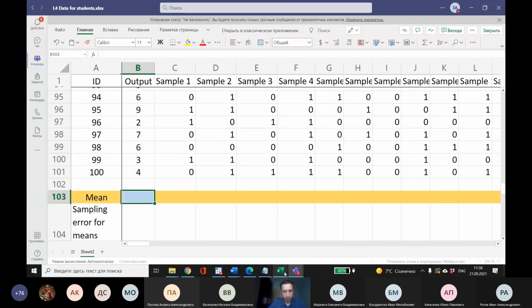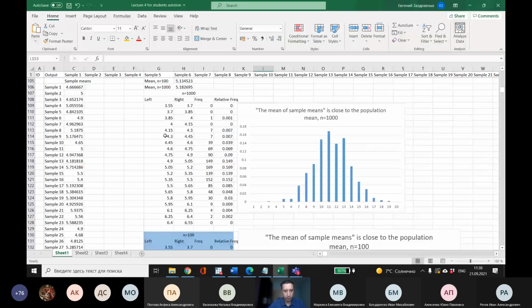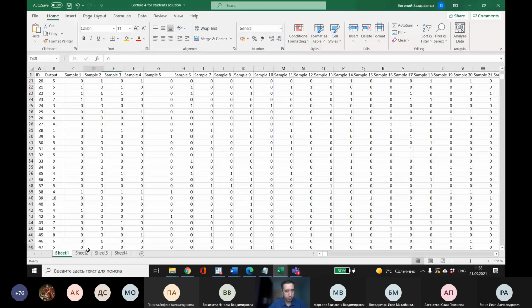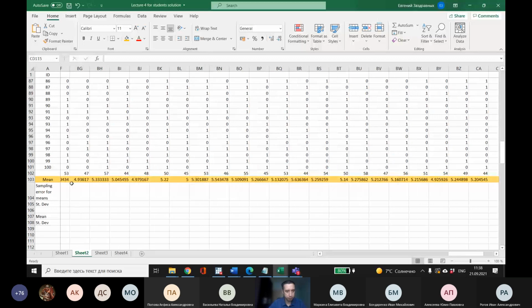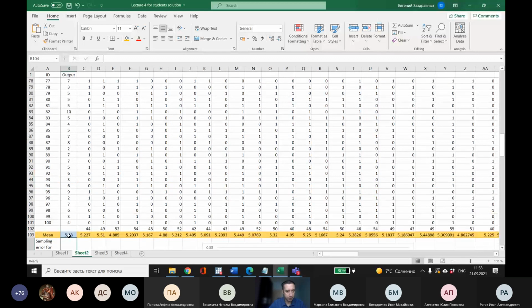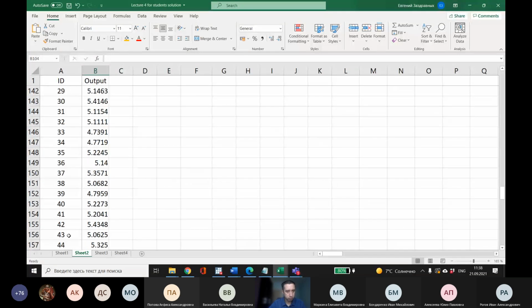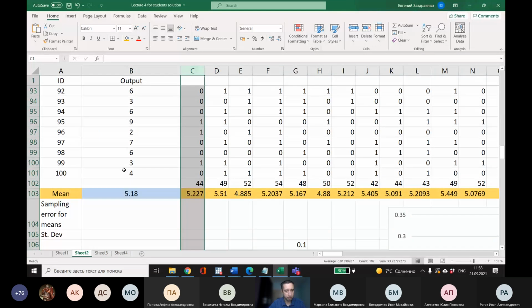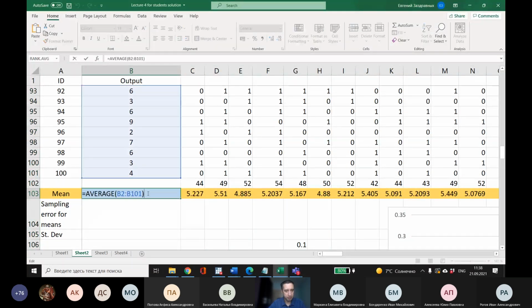Let me show my file, it's better. Well, please calculate simple population average. This is the formula. Calculate it, please.